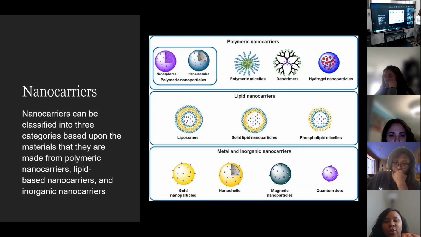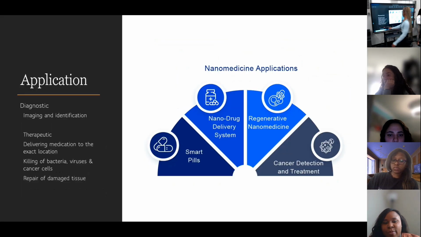With the inorganic nanocarriers, gold nanoparticles are studied and are a very important mechanism for drug delivery, demonstrating better tumor targeting than the other ones, and thus reducing the amount of drugs used, and there are fewer adverse effects with those types of carriers.